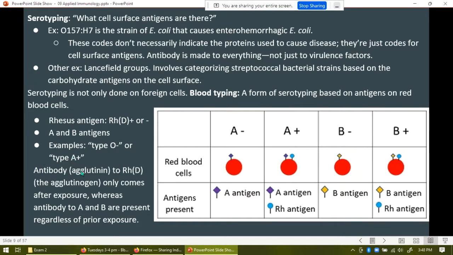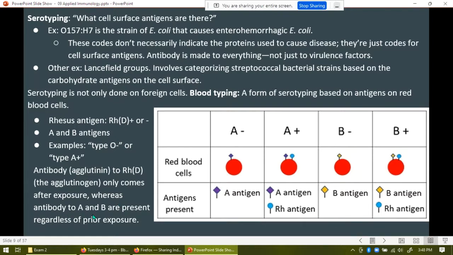So antibodies to A and B are made before the person is ever exposed to foreign A or B. Okay, so let's say you have type B blood. If you have type B blood, that means you have anti-A antibodies in your serum because those are made naturally.